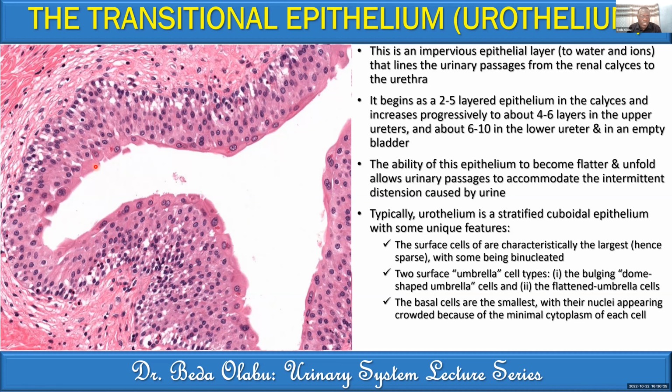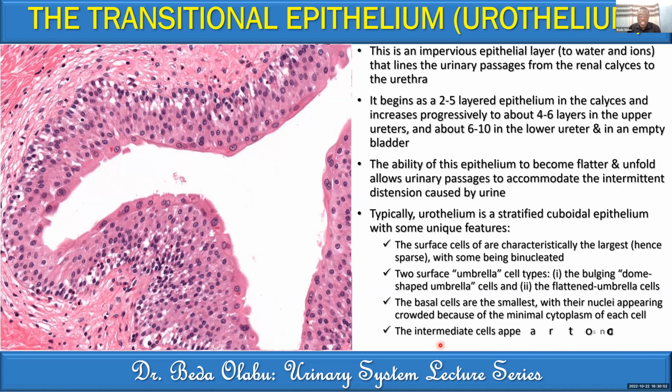I forgot to mention something, but I can still mention, not too late, that the cells on the apical zone, these large cells, some of them are also binucleated, as you can see there, even that one. So you see a number of binucleate cells. Not all of them are binucleate, but yes, they're still there.